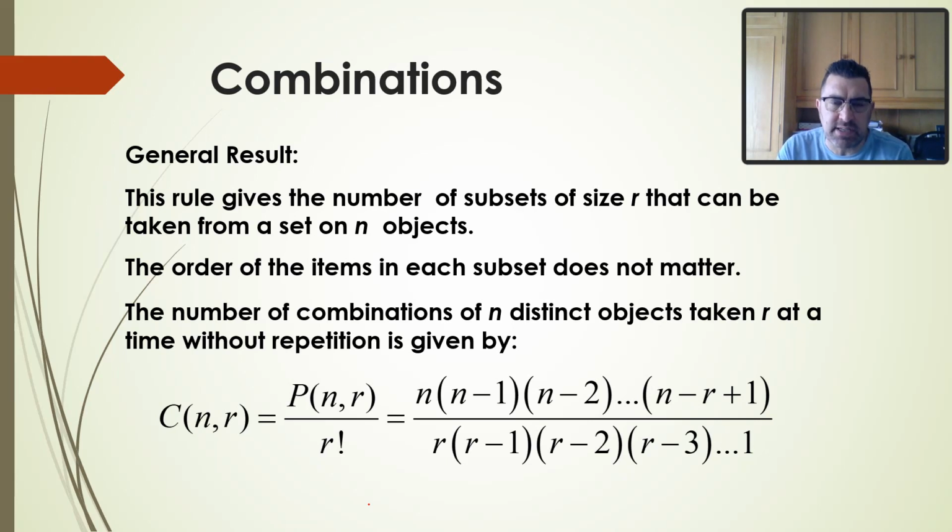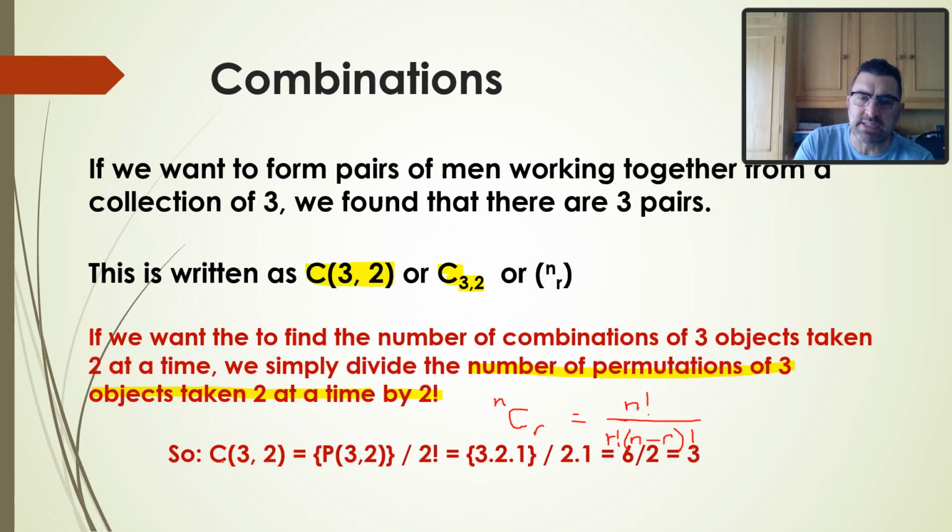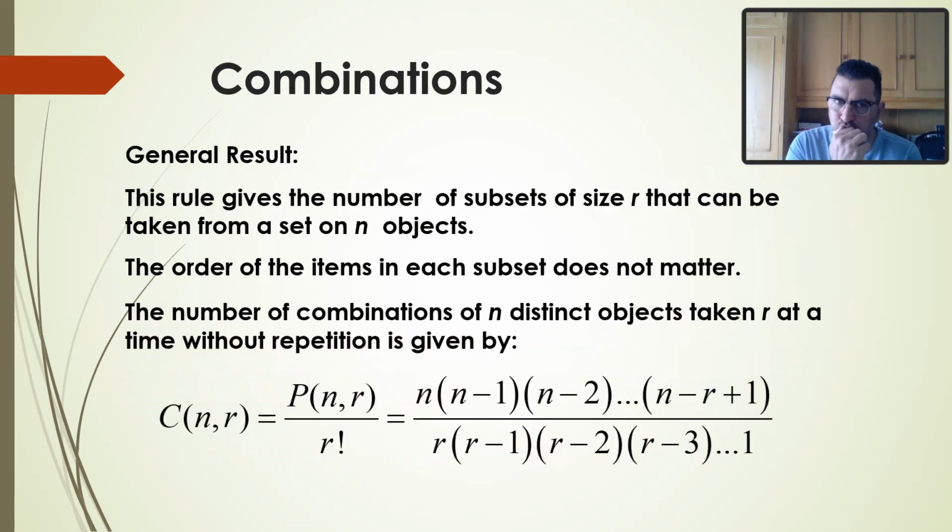That is basically the general result for a combination, and it is the way I wrote it previously over there. n factorial divided by r factorial times n minus r factorial. So this rule gives the number of subsets of size r that can be taken from a set of n objects.